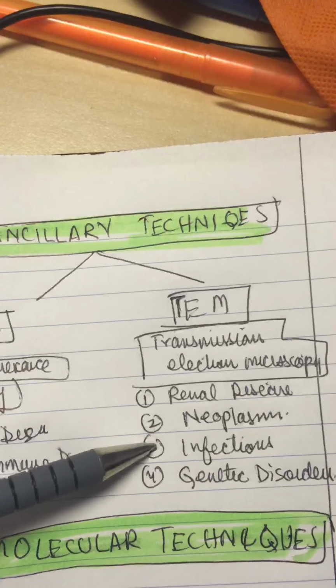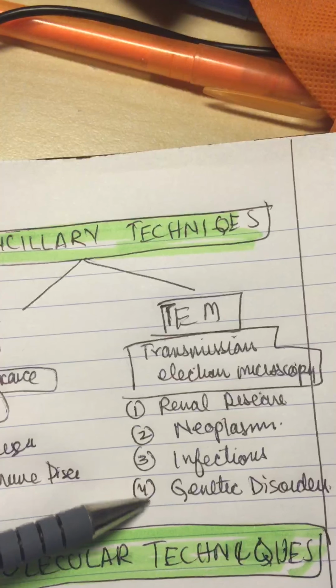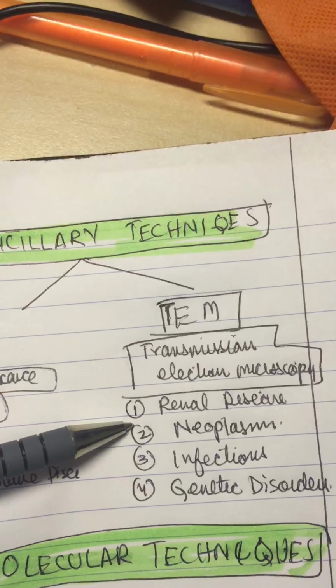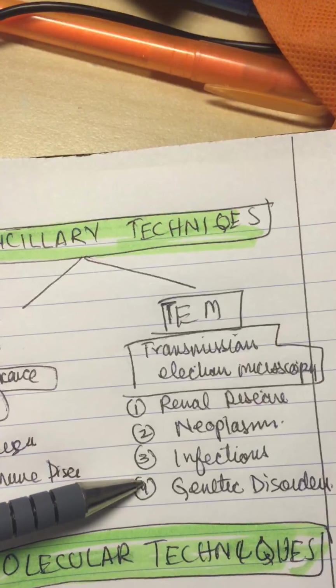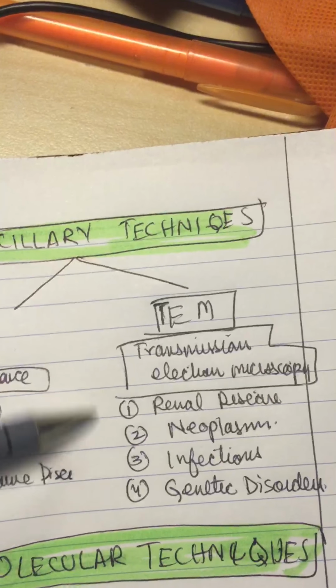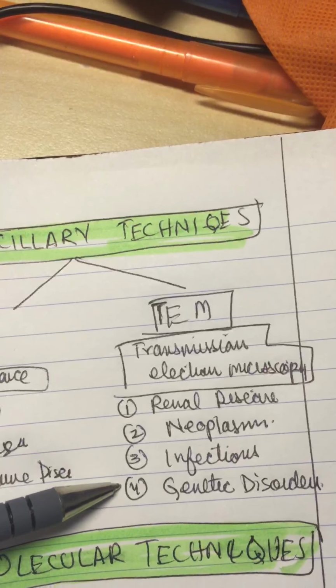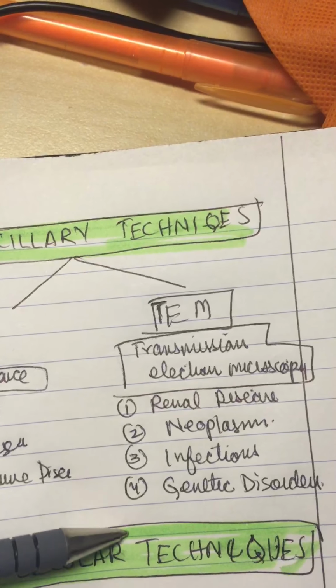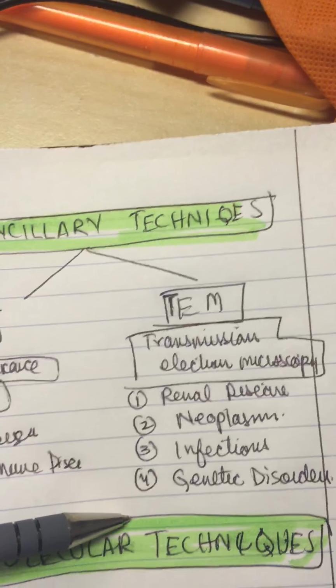In transmission electron microscopy, we are going to identify four conditions, that is renal disease, neoplasm, infections, and genetic disorders. You can remember it by the mnemonic RING: renal disease, infection, neoplasm, and genetic disorders.